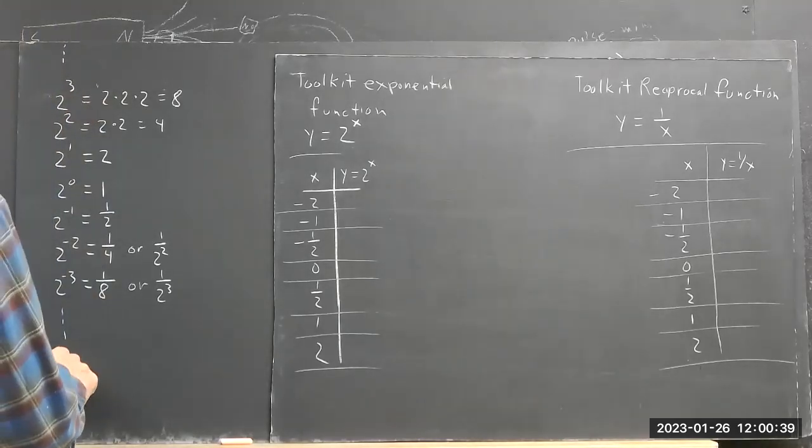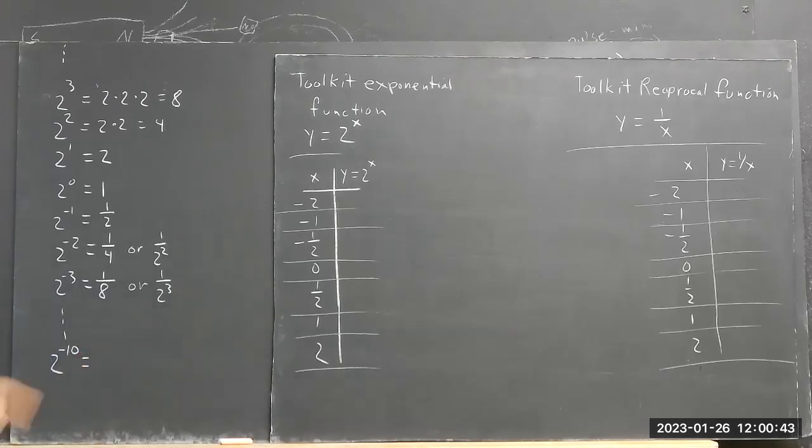So what would 2 to the negative 10th be? Don't try to write out the number here. It's 1024, but how would you write 2 to the negative 10th this way? Well, write it out. What would 2 to the negative 10th equal? What power of 2 would that be?